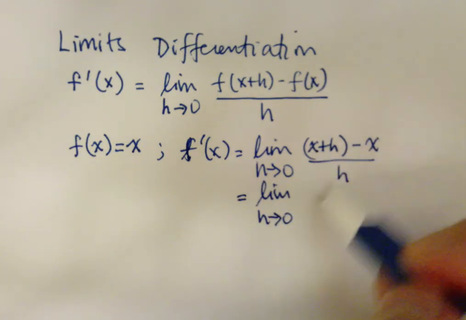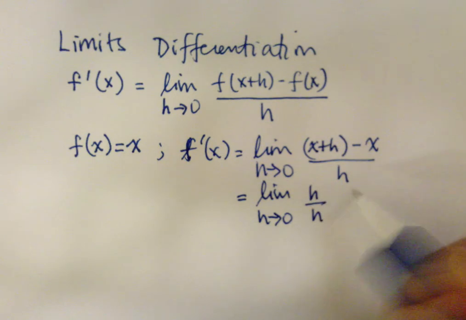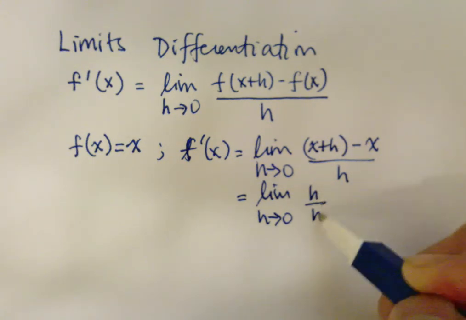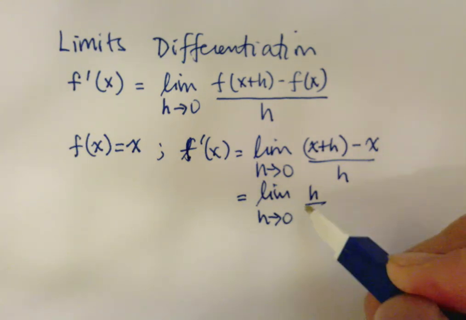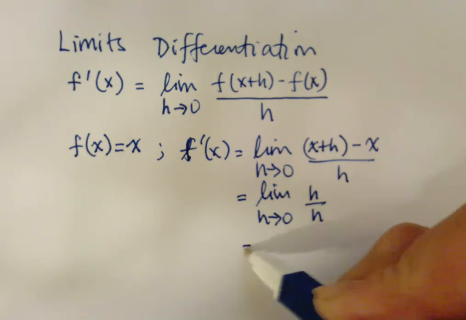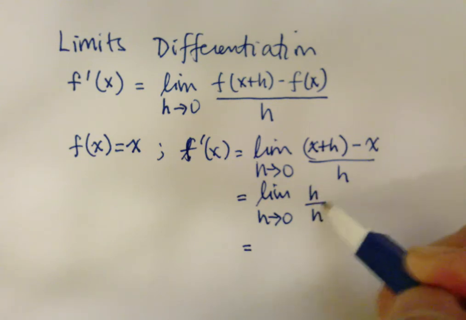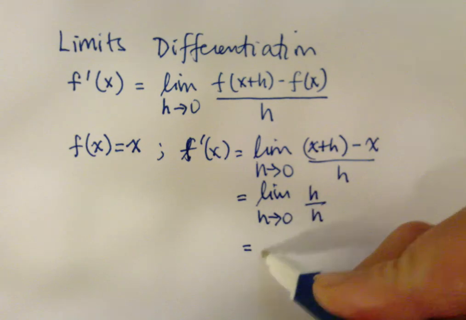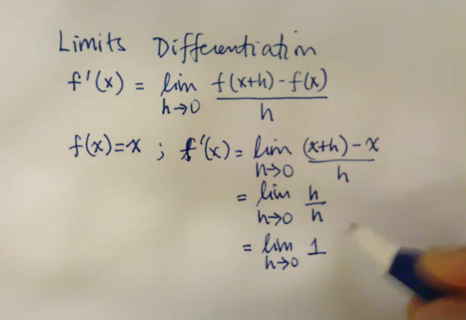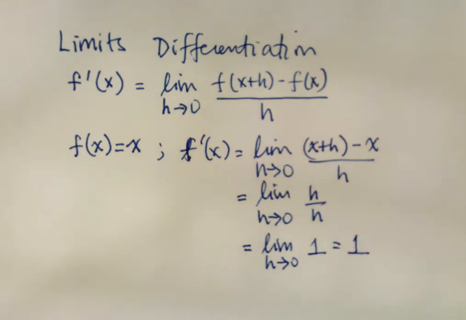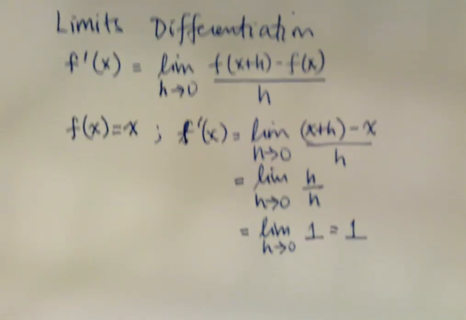The x's cancel. We have h over h. And there's no problem with h equaling 0 because we're taking the limit. So this just can cancel. We have the limit as h goes to 0 of 1, which equals 1. So that is the derivation of the derivative of f of x equals x.